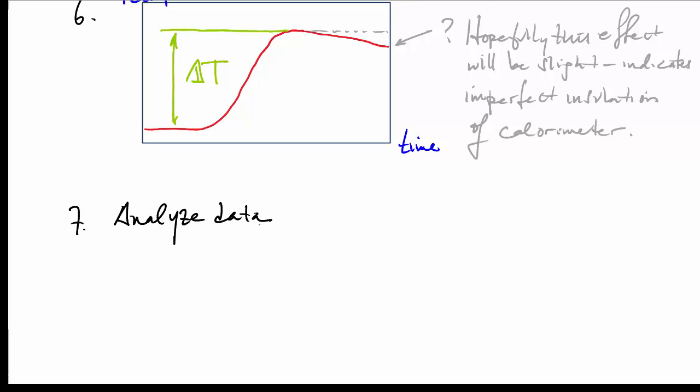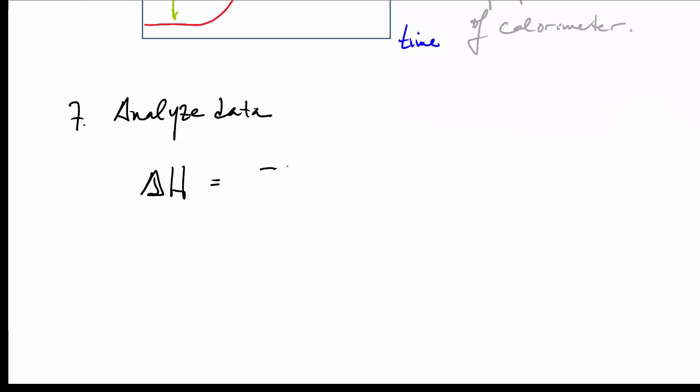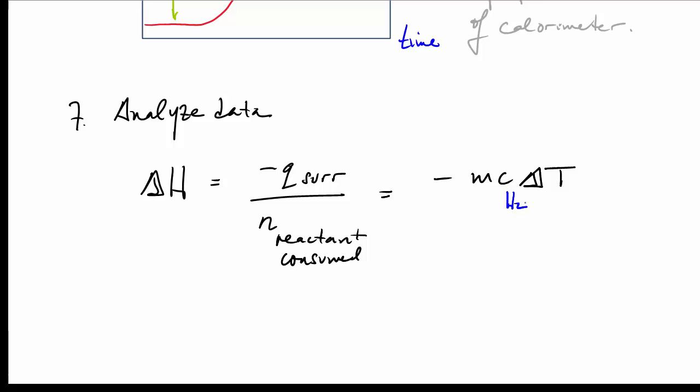Finally, analyze the data this way. Delta H for the reaction will be the heat flow that flowed into or out of the surroundings. And if you want that on a mole basis, you can get it by dividing by the number of moles of reactants that were consumed. In our case, we'll have negative mc delta T for the water, divided by the number of moles of reactant consumed, in our case, hydrogen chloride or hydrochloric acid.